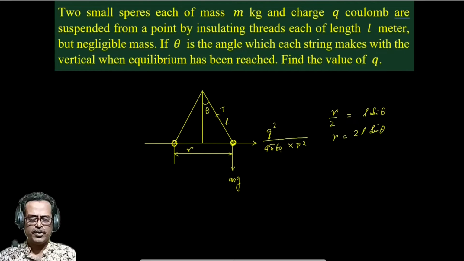Now, if we break the tension into two components, one along the vertical direction which balances the weight, and another against the force of repulsion, this magnitude will be T cos theta and this will be T sin theta.